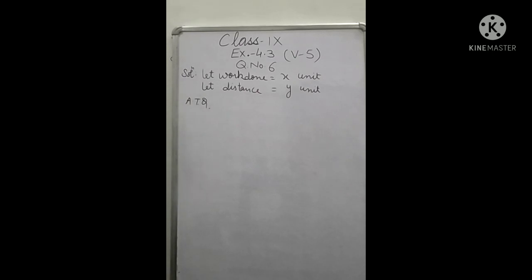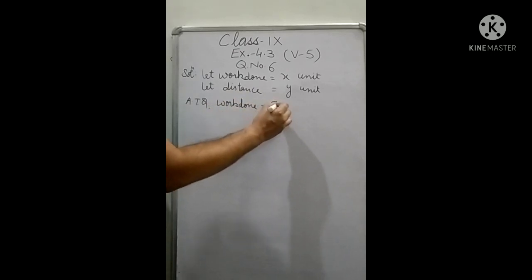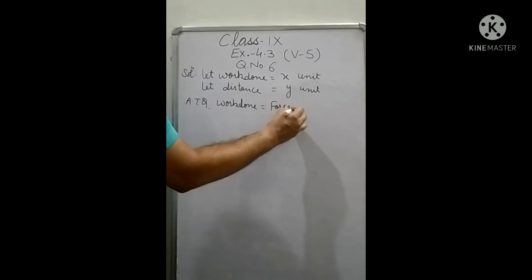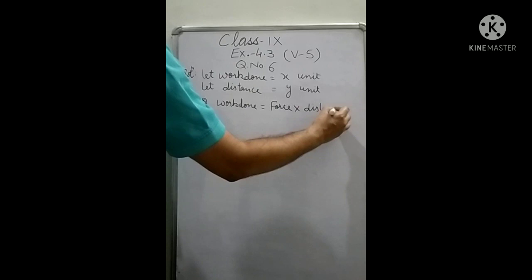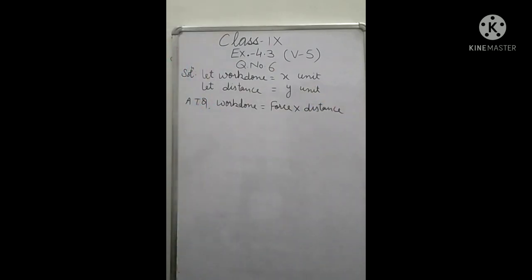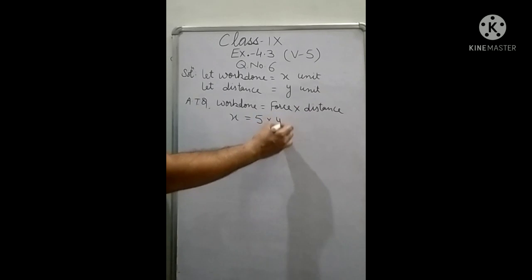It is 5 unit. So here we can write the work done as equal to the force into distance, that is distance or displacement. Now just put the values here. Work done we have taken as x unit, force is given as 5 unit, and distance we have as y.